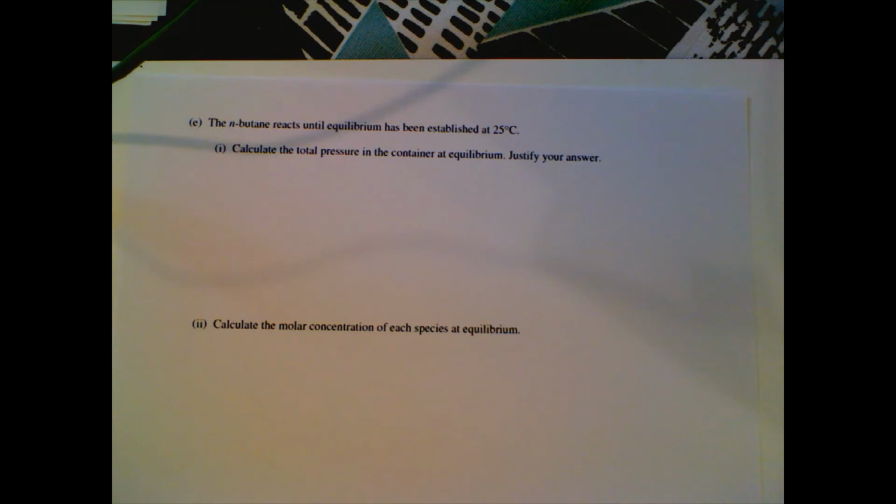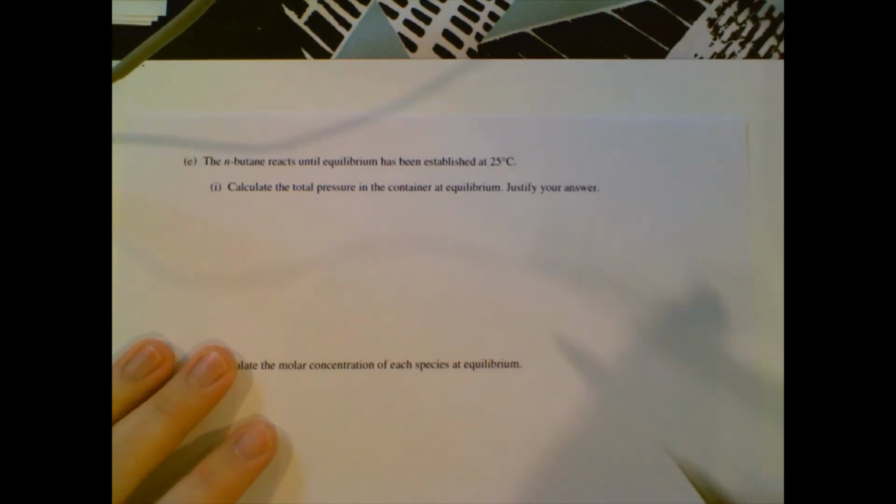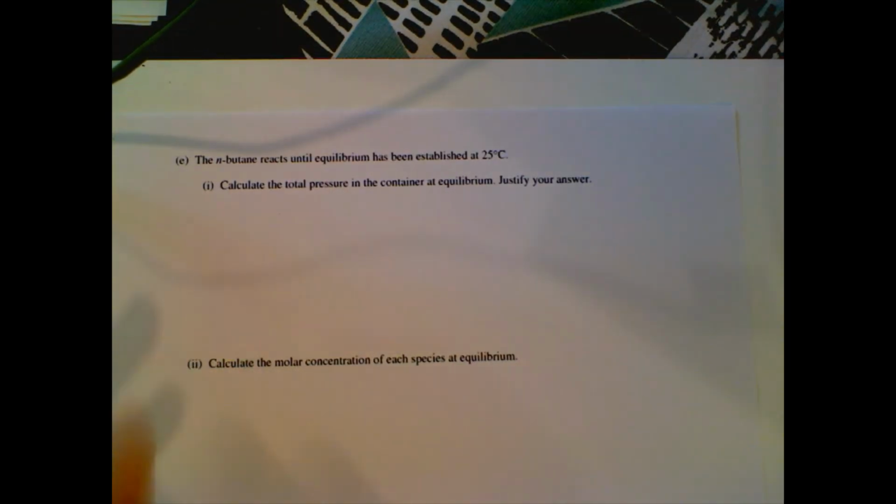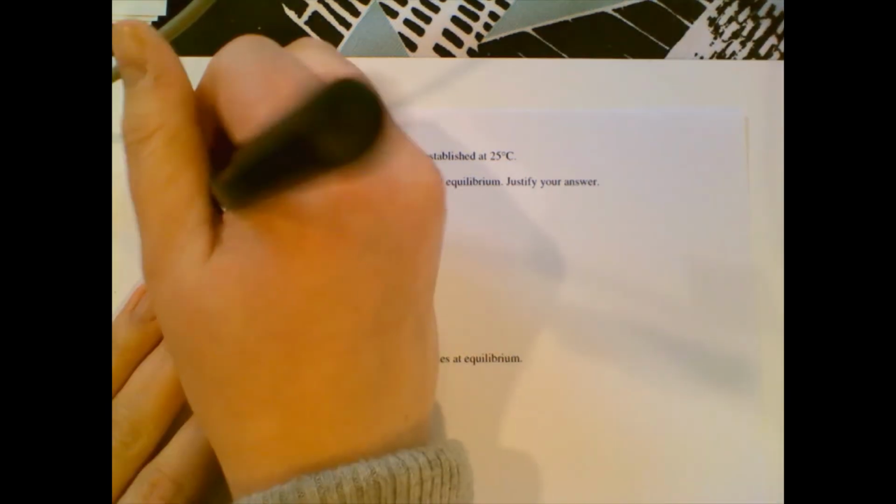So what'll go on is that as some of your reactants turn into products, the pressure of the reactants is going to go down, but at the same time, the product pressure is going to go up by the same amount. So what I'm going to do is talk about the 1-to-1 mole ratio and how it's going to keep the pressure the same.